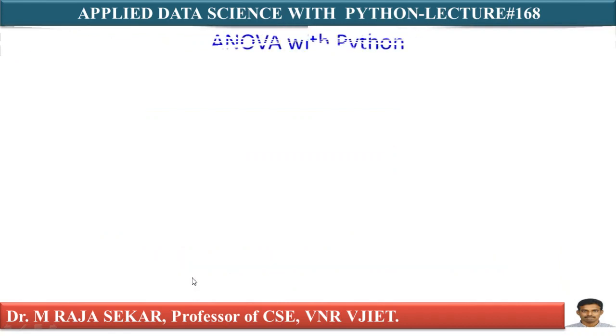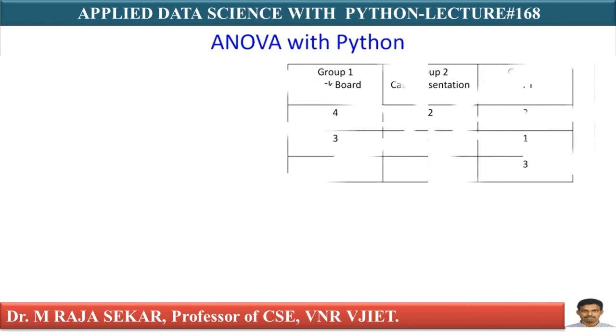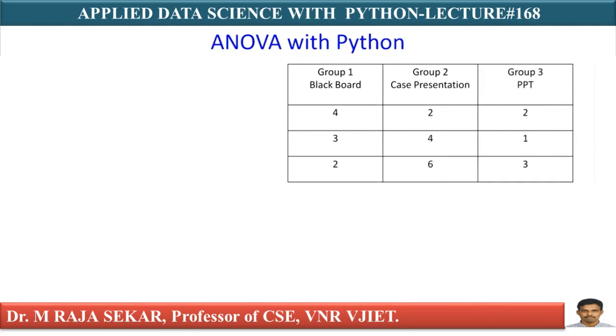Now, we will try to understand the problem which we discussed in my previous lecture. What is that problem? There are three populations, I can say we have three samples, isn't it? Blackboard, case presentation, PPT. We have three different teaching methodologies.